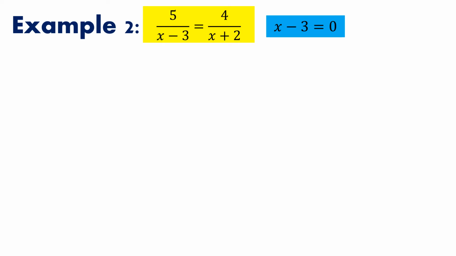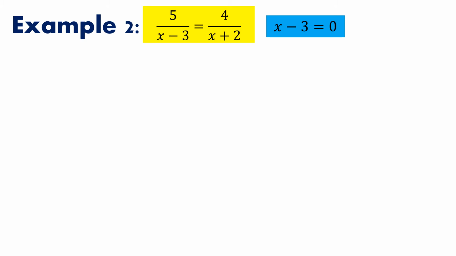We are given the equation 5 over x minus 3 equals 4 over x plus 2. First, we need to determine the domain of the rational equation. We look for the values of x that will make the denominators equal to 0. Note that x minus 3 is equal to 0 when x is equal to 3.